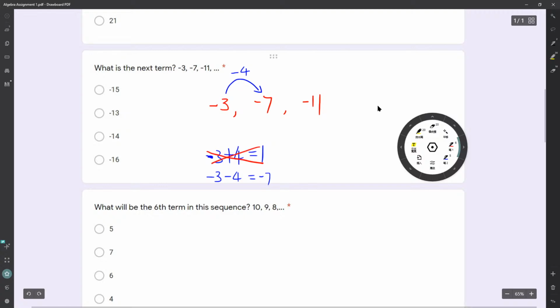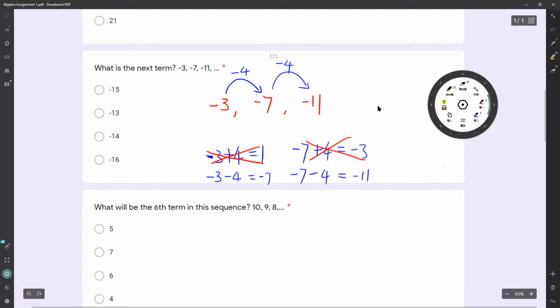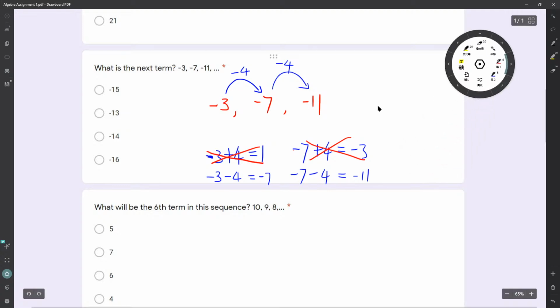And from -7 to -11, what happens is subtract 4 again. -7, if we add 4, it will give you -3. It's -7 subtract 4 that gives you -11. So be careful. And we can tell the pattern is subtract 4.